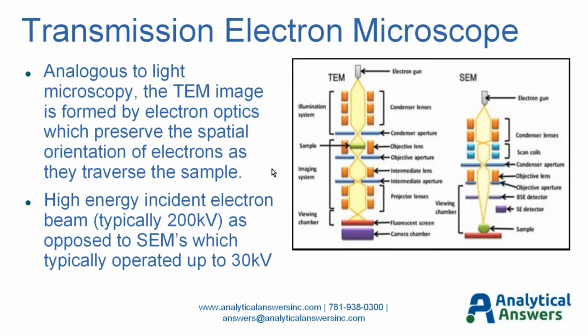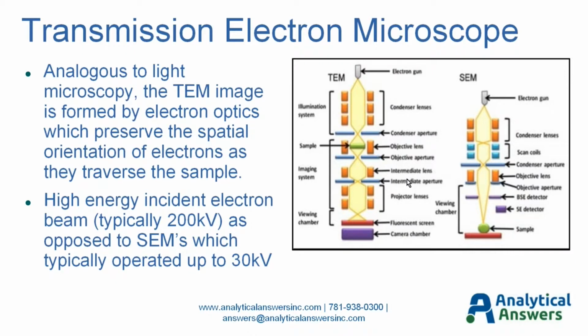So in the transmission electron microscope, we have a set of electron lenses, completely analogous to light microscopy, where you have light shining through a transparent sample through objective lenses and eyepieces so that the observer can see it in detail. These electron optics will maintain the spatial resolution of the transmitted electrons as they pass through the sample, which sits in this position here.